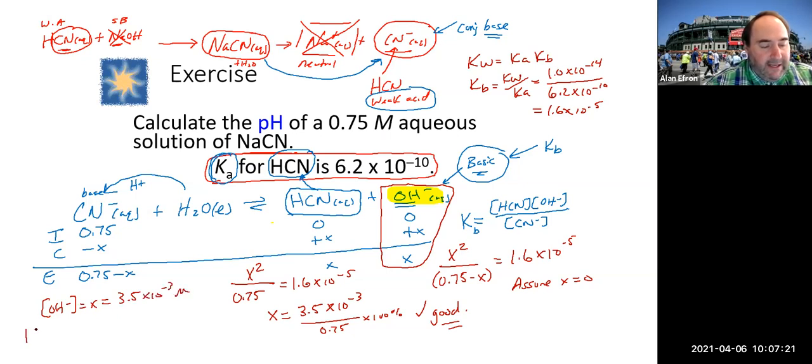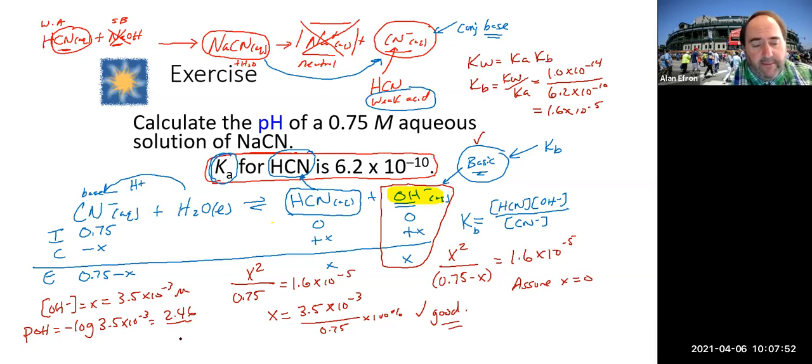That's going to get us not to the pH first, but the pOH. And if we do that, minus the log of 3.5 times 10 to the minus 3, looks like maybe a 2.46 on the pOH. Again, if you for some reason felt this was the pH value, understanding this would also tell you that that's probably not right.